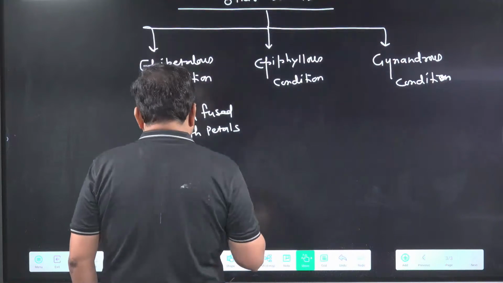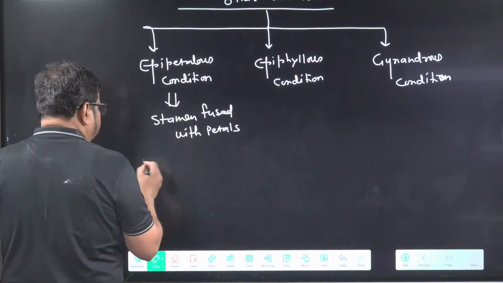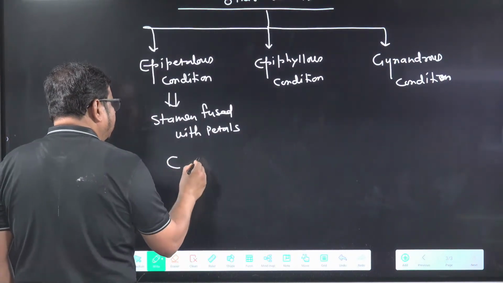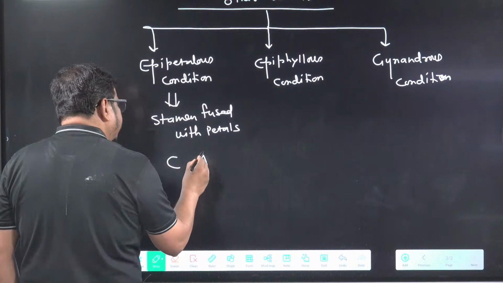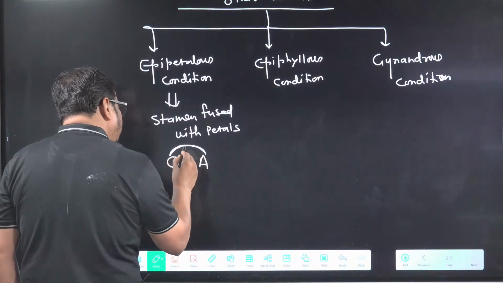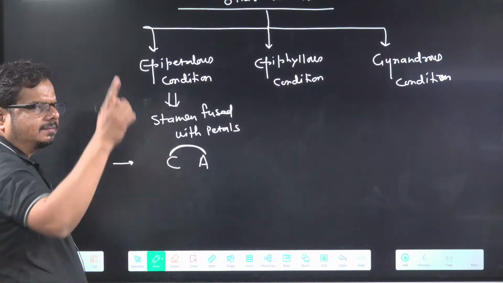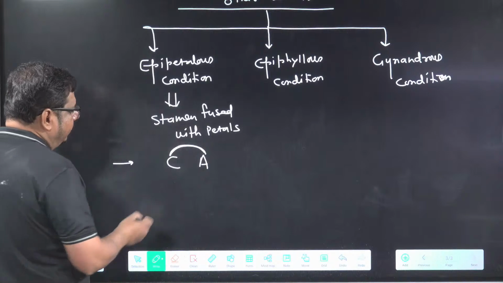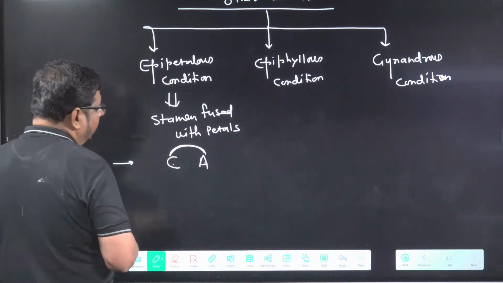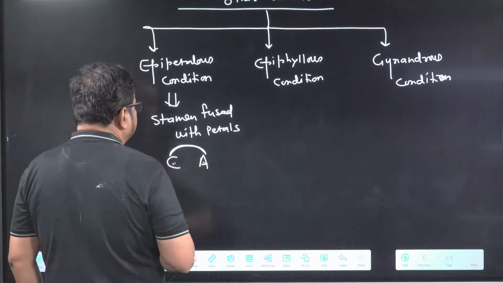Getting the idea? The symbol of epipetalous condition is this: this is corolla and this is androecium, and they are fused together. So we are showing the two different whorls fused like this. Got the idea? They are joining, they are fusing together, they are showing the fusion.